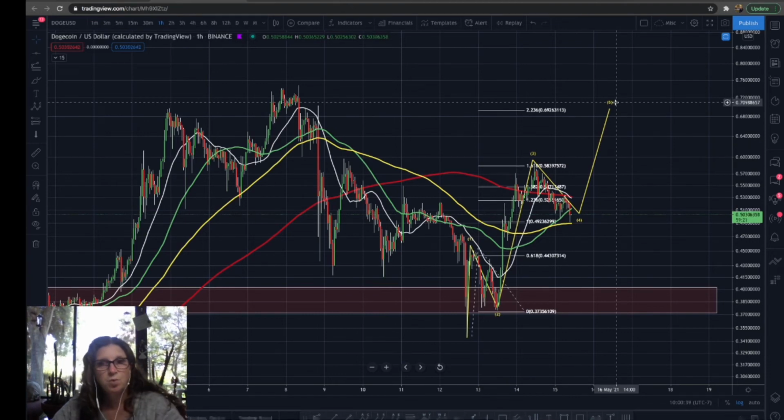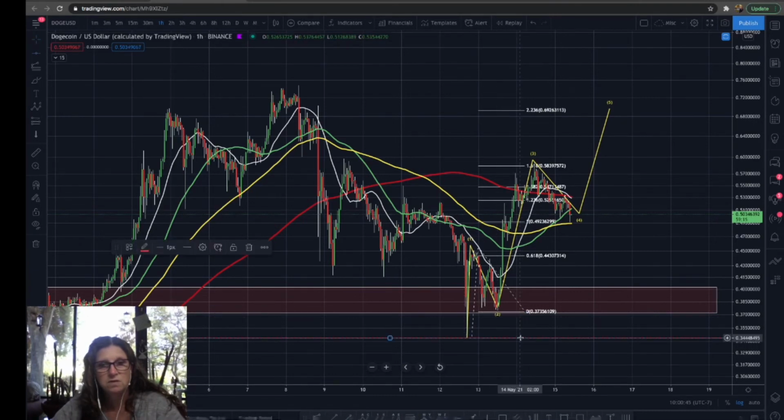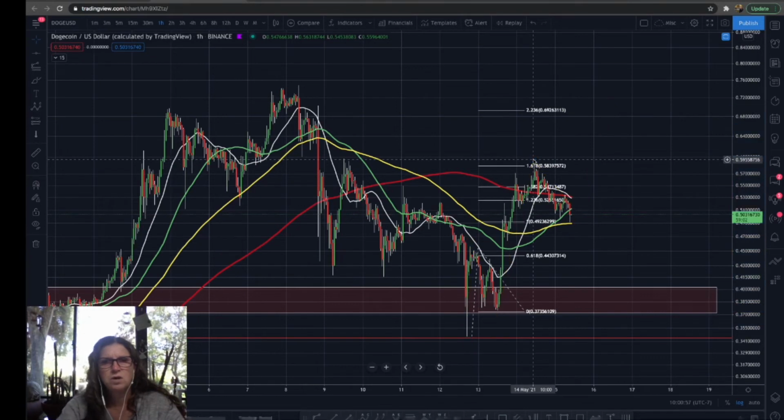And then at that point, complete invalidation is breaking this bottom right here. So I hope I made that easy enough to understand. I know that it's hard when you're not an Elliott Wave trader to understand all these different scenarios.